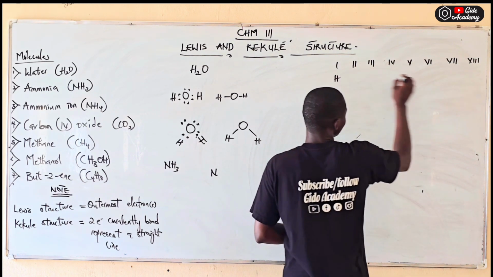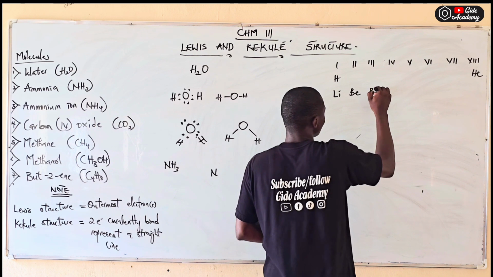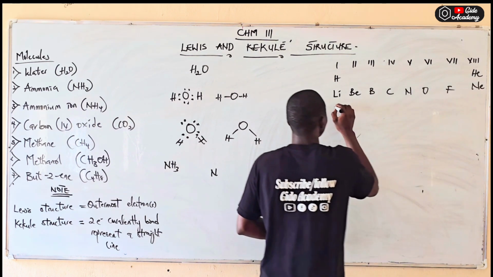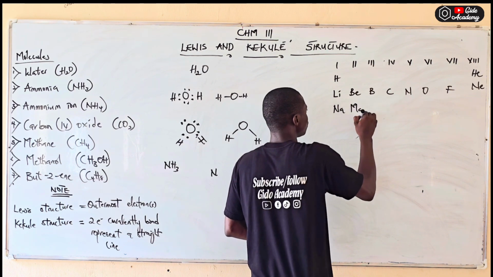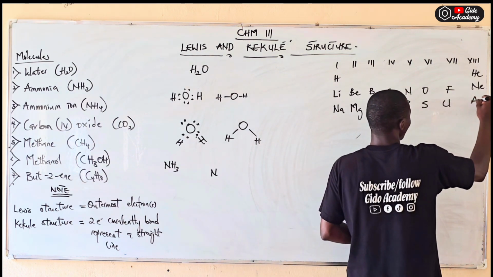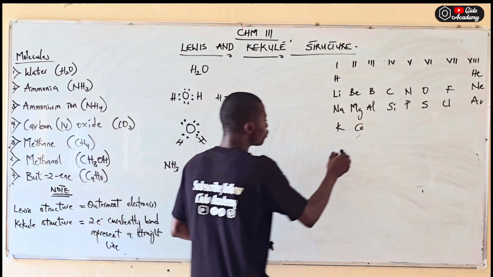So here will be my hydrogen, here will be helium, then lithium, here will be our beryllium, boron, carbon, nitrogen, oxygen, fluorine. Here is my neon, sodium, magnesium, aluminium, silicon, phosphorus, sulfur, chlorine, argon, potassium, and calcium.